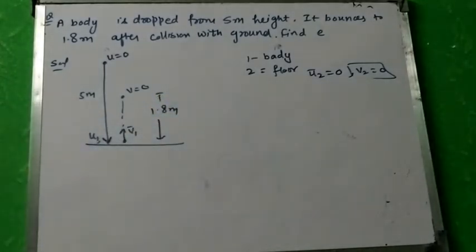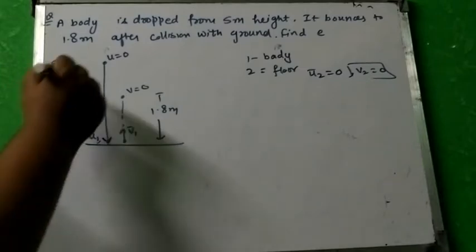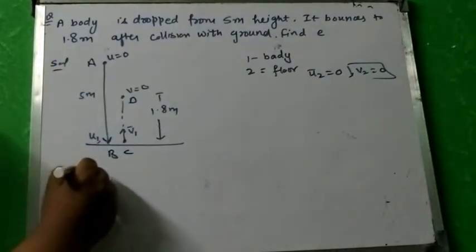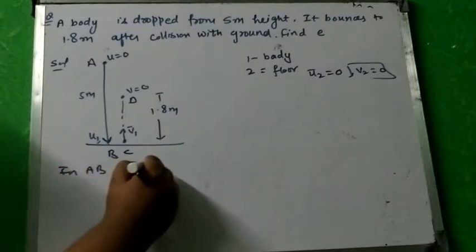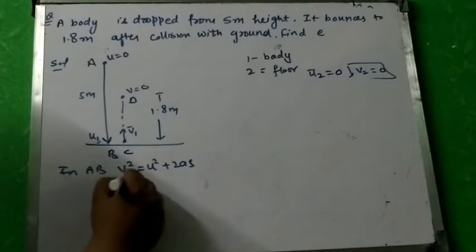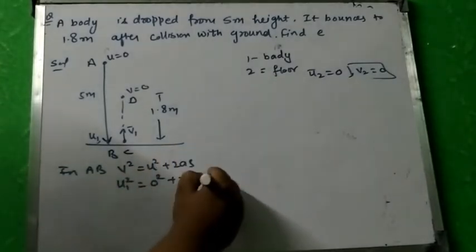So before applying the formula of coefficient of restitution, you just find u1 and v1. Let us name the points A, B, C, D. In A, B, if you apply the third equation, v square is equal to u square plus 2as, then you will find u1 square is equal to 0 square plus 2g, displacement is 5.